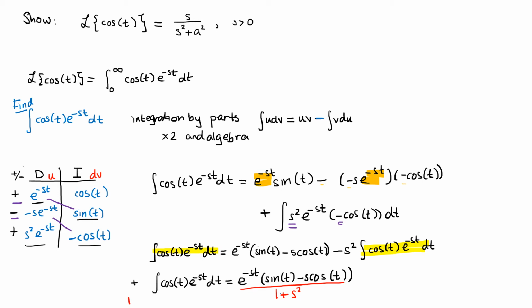Now we are ready to find the improper integral. Okay. So we're going to do that on the next slide. We are looking as t goes to infinity and comparing it to the value when t is 0.